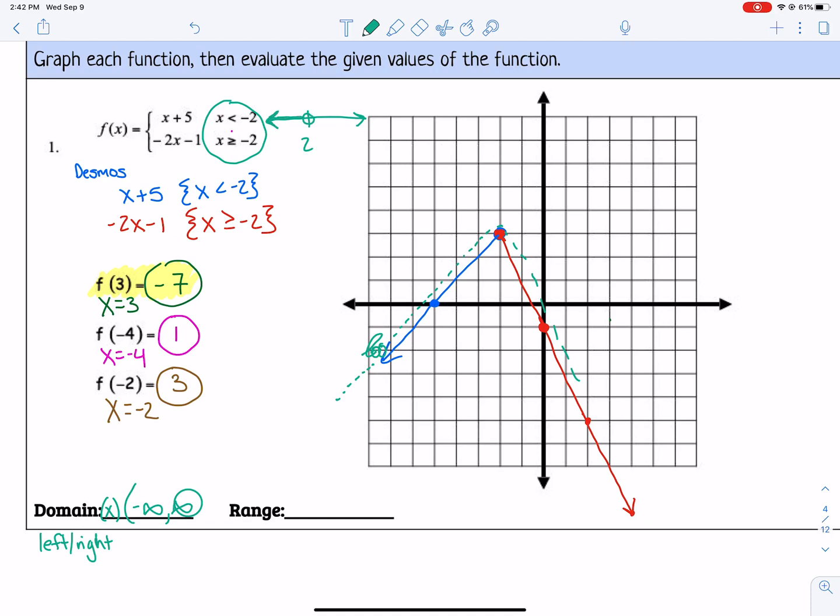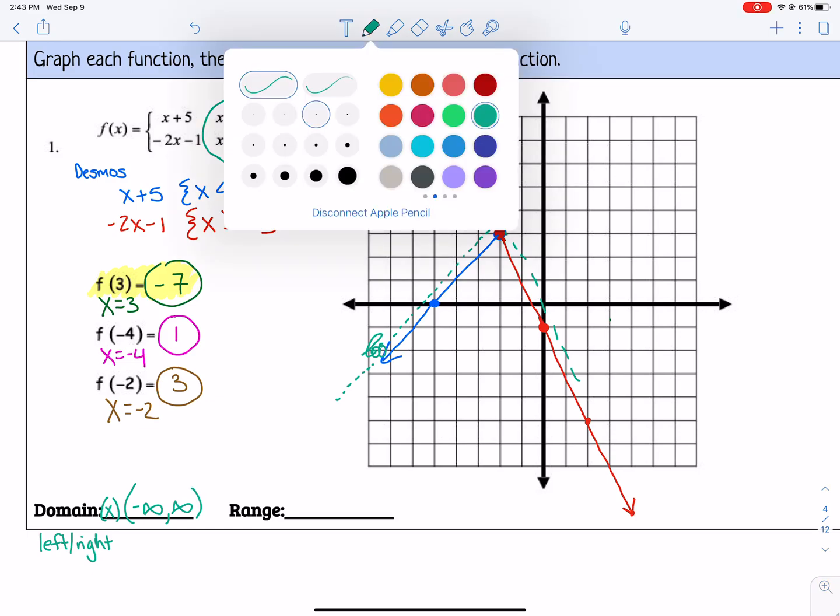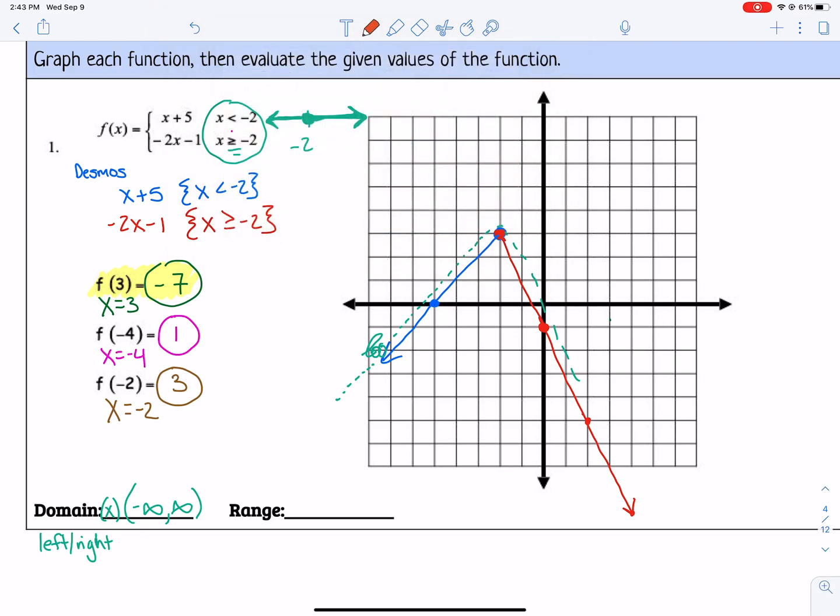So put an open circle at -2 and shade to the left where numbers are less than -2. But then in the next interval, it says x is greater than or equal to -2. So you could fill it in because it's equal to -2 and it's shaded to the right. So notice what we put for domain would match all real numbers because that is what is included in those two intervals.